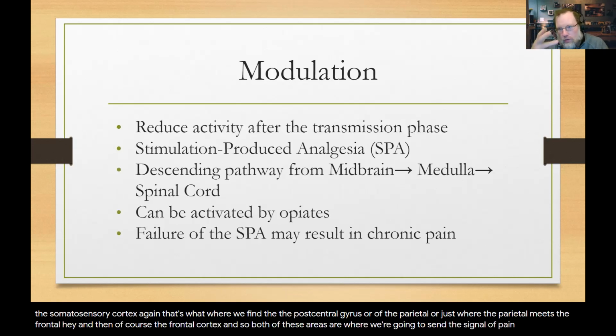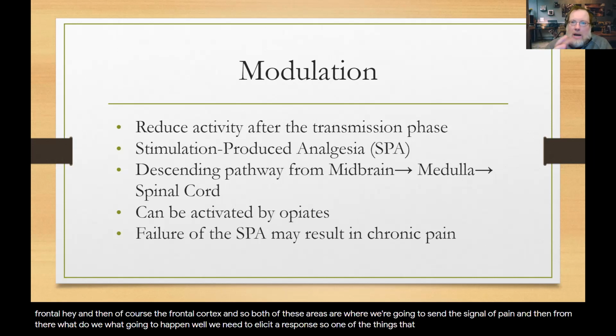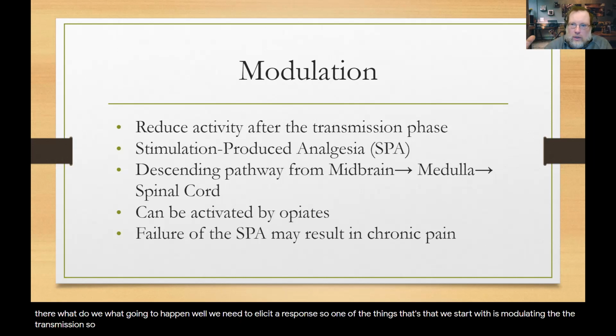And then from there, what's going to happen? Well, we need to elicit a response. So one of the things that we start with is modulating the transmission. So we get this loud message: we've got tissue damage at the fingertip.